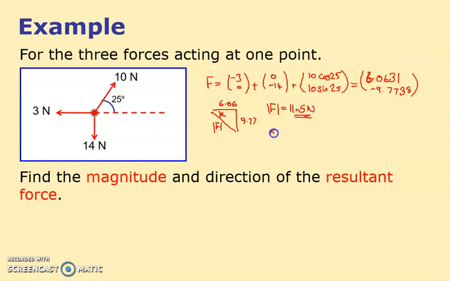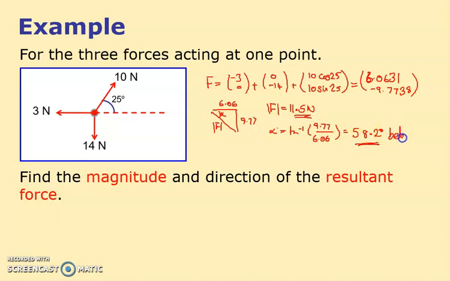And my angle, which I'll call alpha, is the inverse tan of 9.77 and a bit, I'm going to use it as accurately as I can, divided by the 6.06. So it's 9.7738 divided by 6.0631. Inverse tan that answer. I get 58.2 degrees to three significant figures.